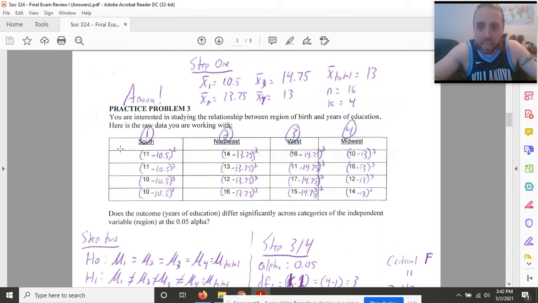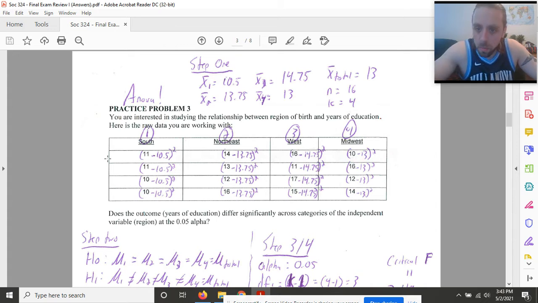That is x_ik minus x bar k, squared, and then summed. So if you follow what I did here, let's take a look at the South. For each one, I subtracted 10.5 and then squared it. I did that for all 4 observations and then summed. For the Northeast, I subtracted from each observation group mean 2.